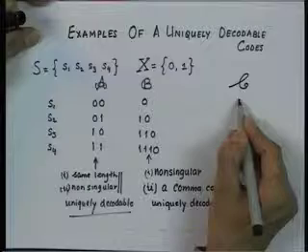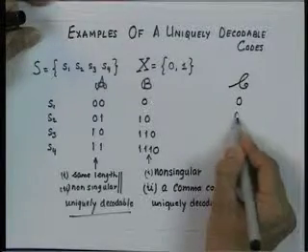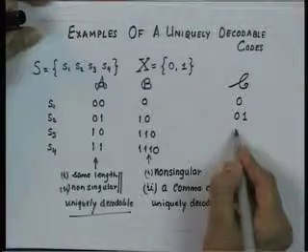Let us take another example of uniquely decodable code. Let us say that I have a code C where I have my code words given as 0, 01, 011, 111.